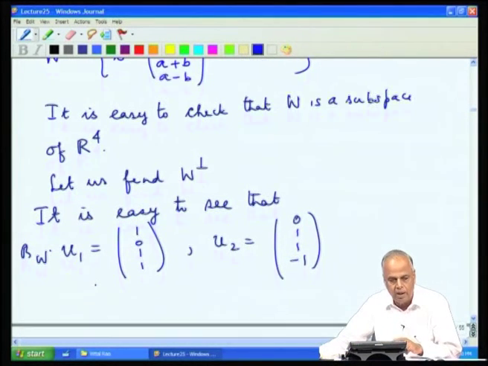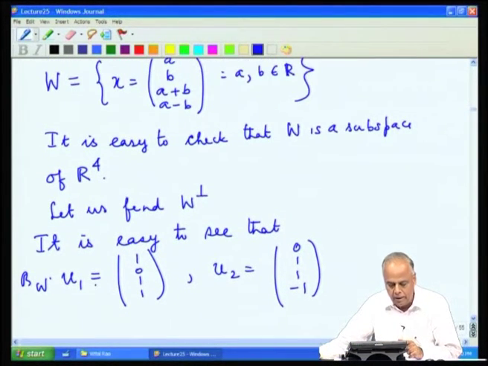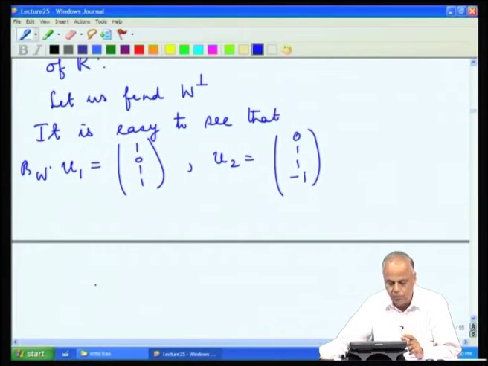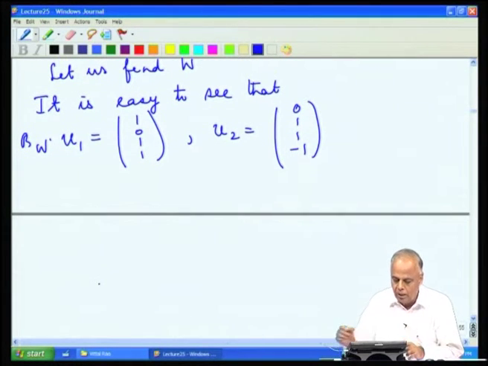These vectors are in W, they are linearly independent, and any vector in W is of the form a times u1 plus b times u2, so they span W, and therefore they form a basis.